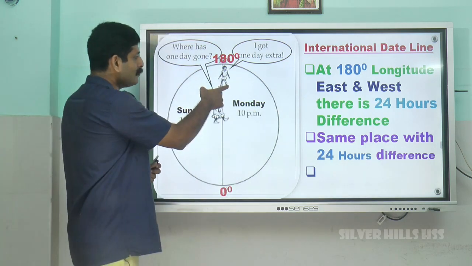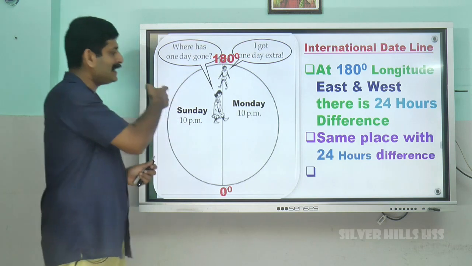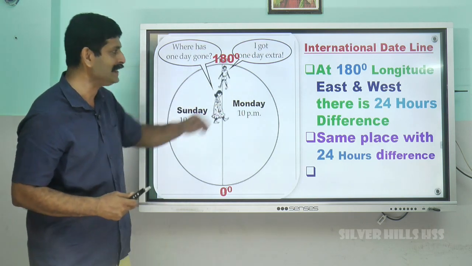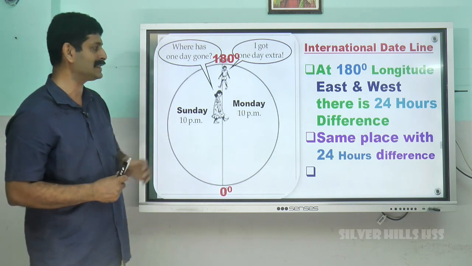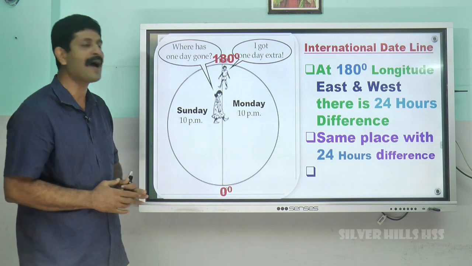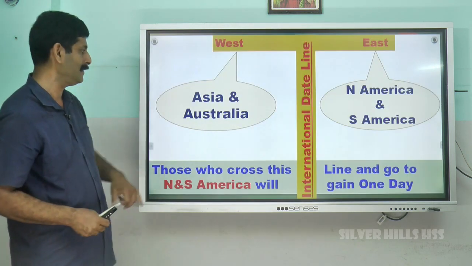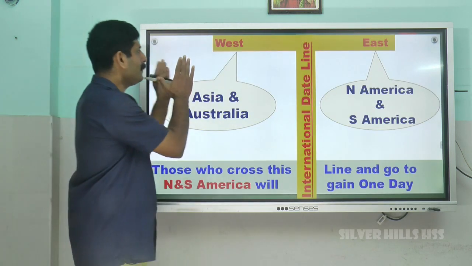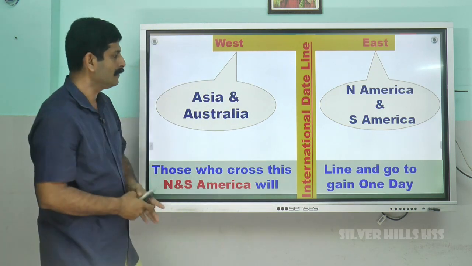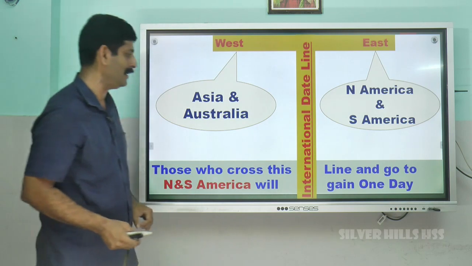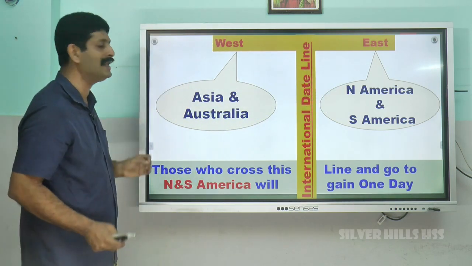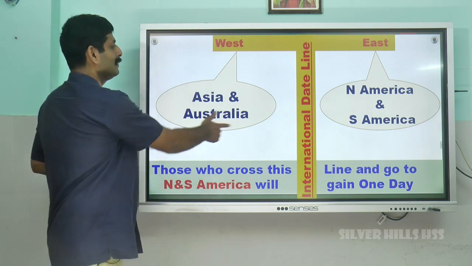And when we are moving from east to west, we gain one day. At 180 longitude, east and west, there is a 24-hour difference, same place with a 24-hour difference. So when we are moving from west to east, we will lose one day, and when moving from east to west, we will gain one day.